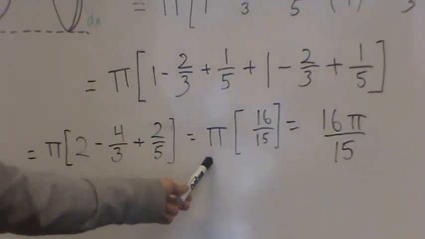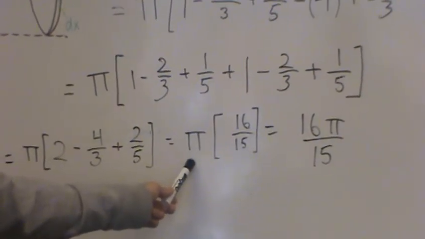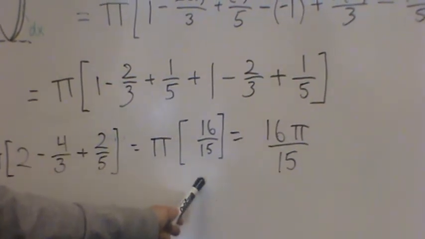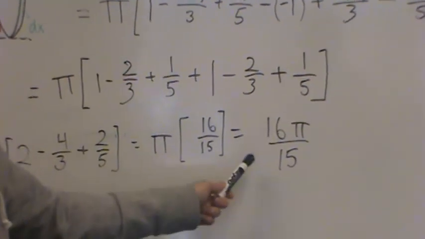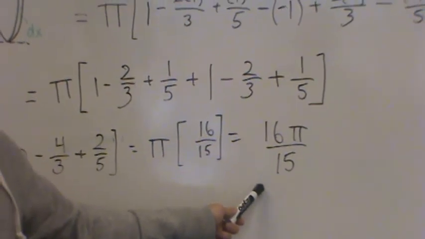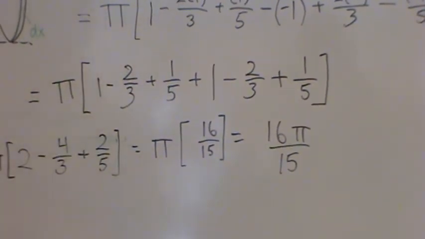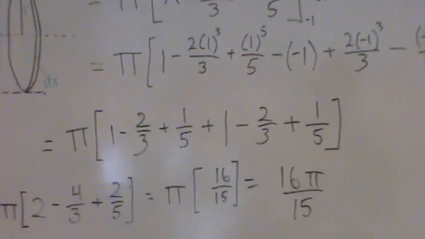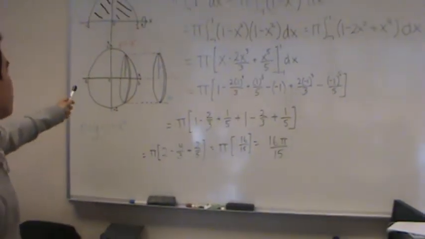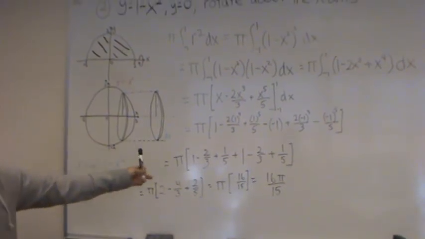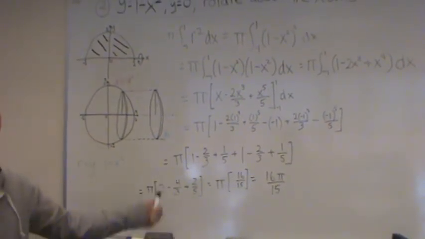And then we simplify that, and with the calculator, we get pi times 16 over 15, and then simplify further, and we get 16 pi over 15. And that should be the total volume of this function bounded from -1 to 1, rotated about the x-axis.